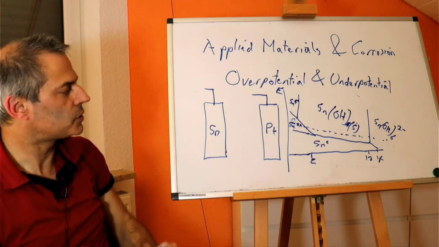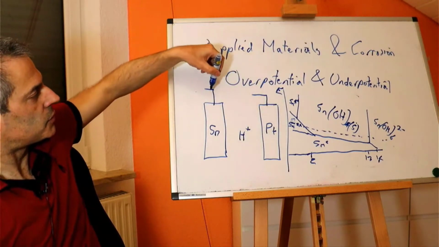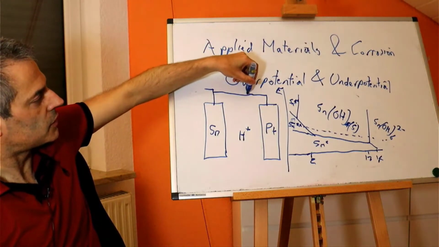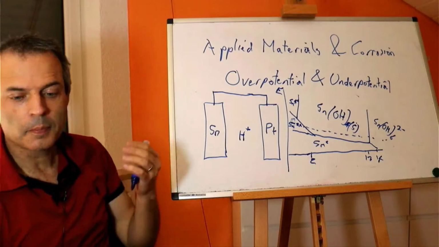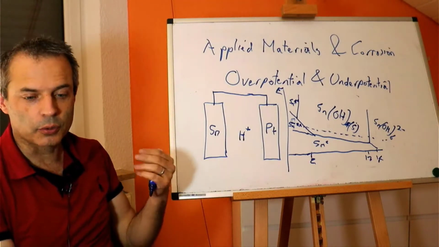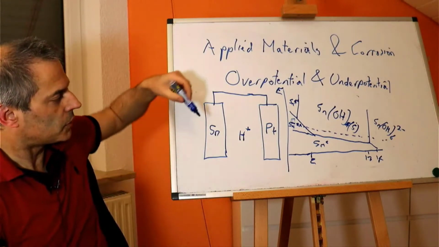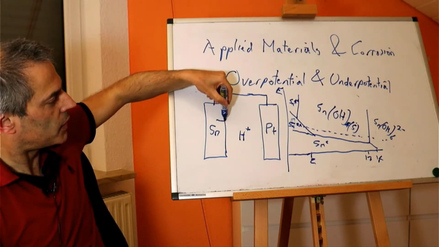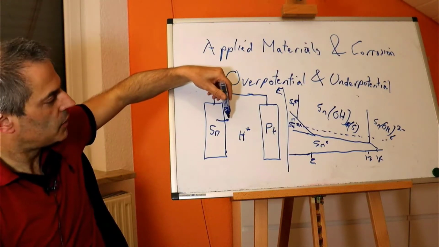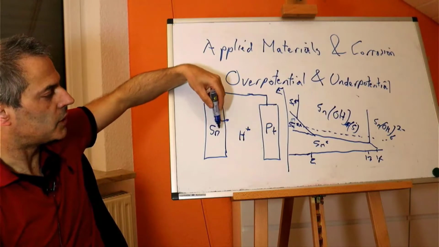What becomes interesting is if we take our H plus solution, our acid solution, and we connect these two electrodes together. If we do that, the tin is now not limited by the overpotential of hydrogen forming on it, so the tin is trying to give away electrons, but it can't because of the activation energy here to form a tin-hydrogen bond.